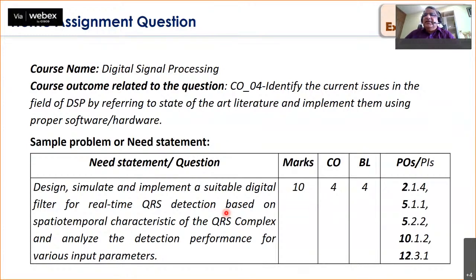Then it addresses problem analysis and modern tool usage, because the simulation is being done, and that simulation tool is not taught by the teacher, so students have to learn it themselves. Therefore, there is also 12.3 lifelong learning, and they are communicating through presentation, therefore 10.1.2.